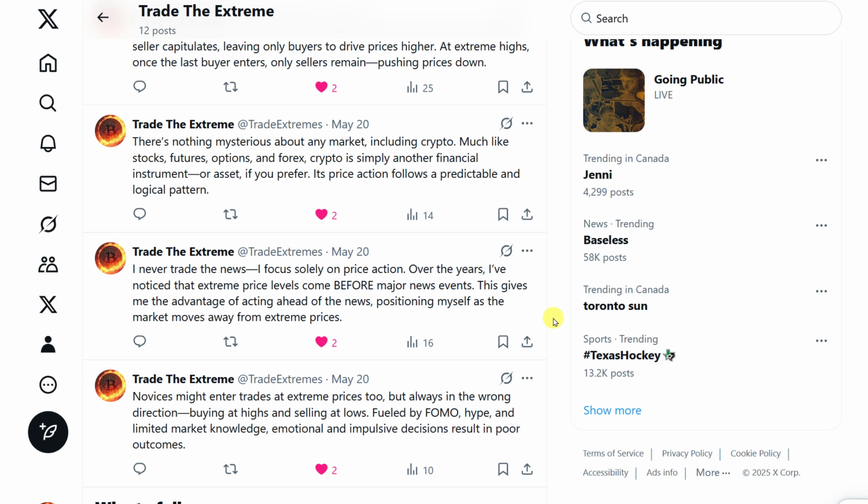The catalyst is the extreme price, and the news just adds fuel to the fire. It creates emotion in the market, and that's what helps drive the price away from the extreme point.